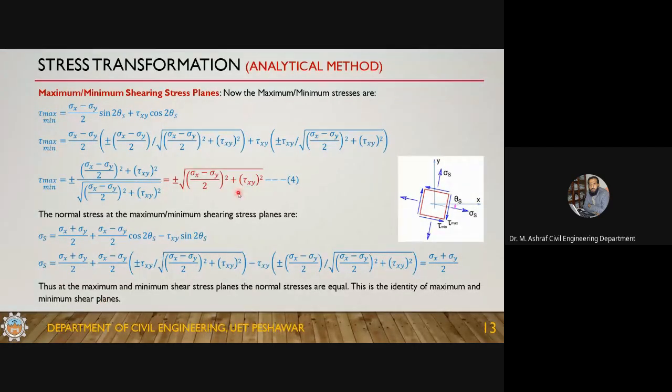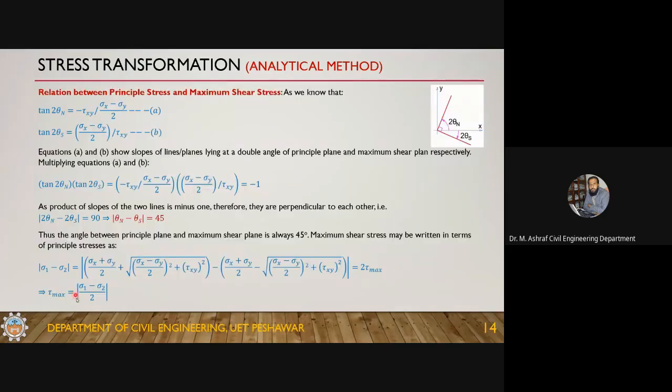But if you have principal stresses, this will be sigma 1 minus sigma 2 by 2 squared plus, since at the principal axis this is 0, this 0 squared will cancel out, so you will get sigma 1 minus sigma 2 by 2. Okay, so this is an expression for tau maximum, and this is a relation between the principal stresses and the maximum shear stress.